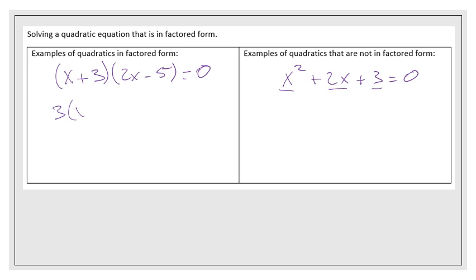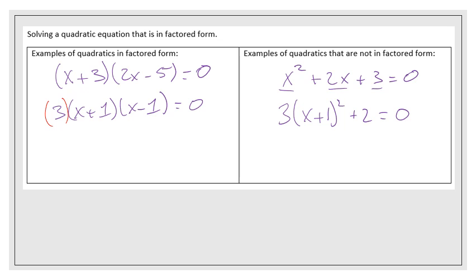Another way you might see these quadratics in factored form is something like 3 times the quantity x plus 1 times the quantity x minus 1, and let's say that is equal to 0. Once again, you have 3 factors, all being multiplied together. An example of a quadratic that is not in factored form could be something like 3 times the quantity x plus 1 squared plus 2 equals 0.